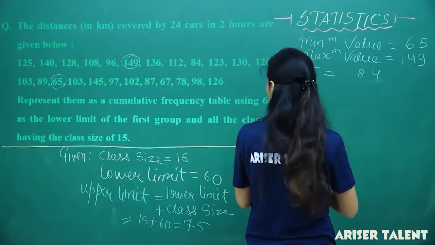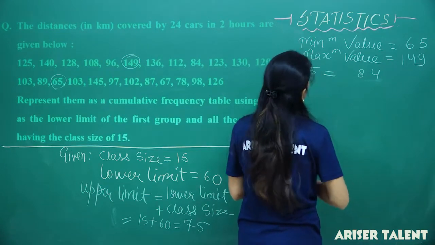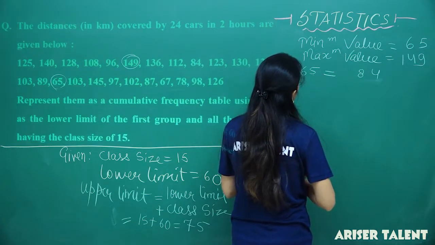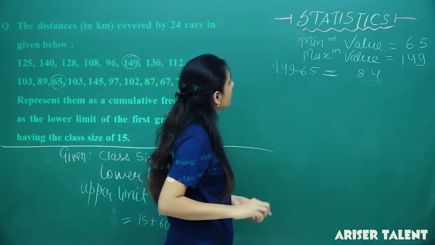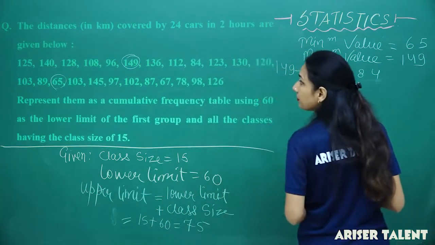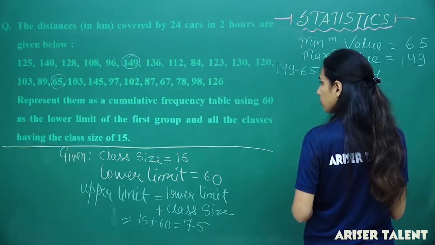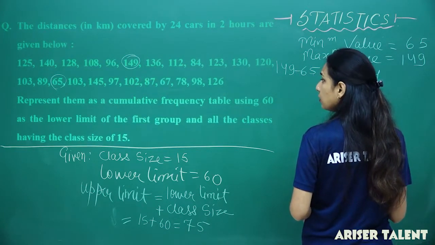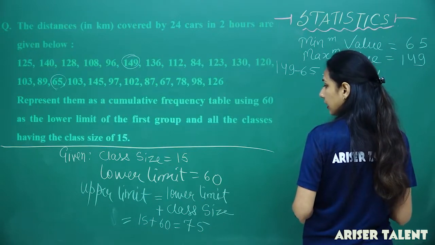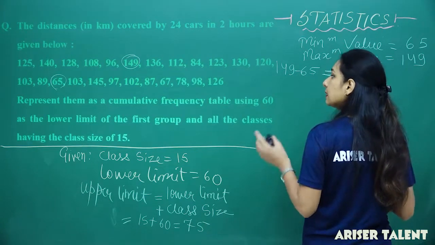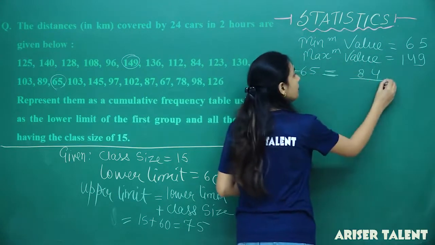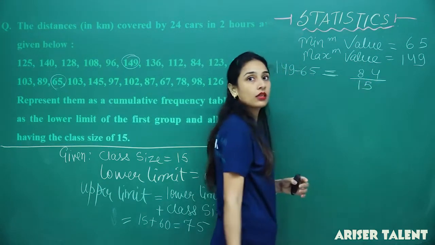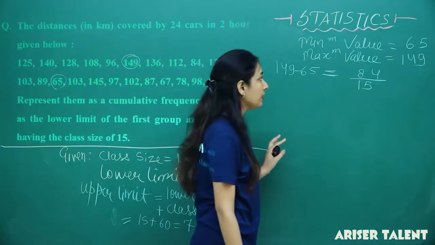You have to make the classes with class size 15. So class size is 15 here, right, student? So we'll just divide it by 15 to get the number of classes.